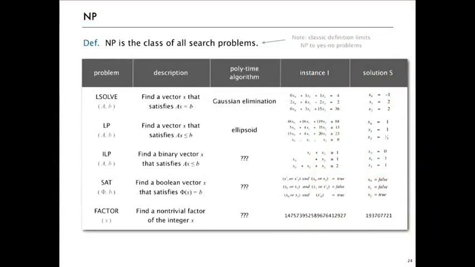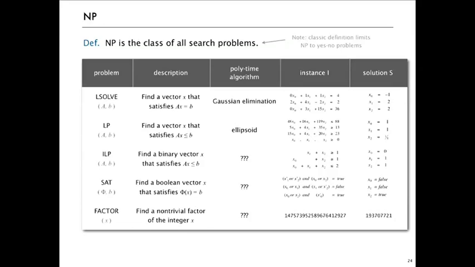The way that we know is we had a very concrete definition of a search problem: given a solution, you have to be able to verify in guaranteed polynomial time that you have a solution. The four satisfiability problems that we considered and factor all are in the class NP.